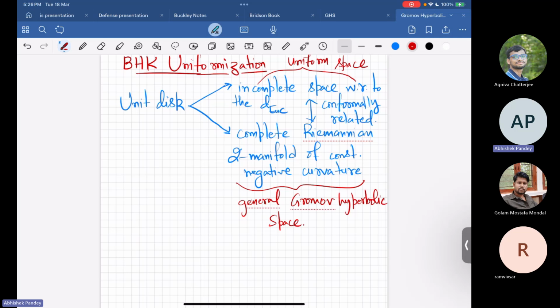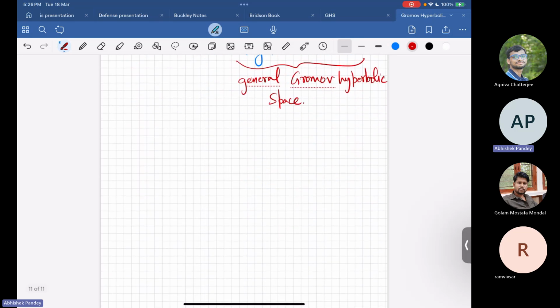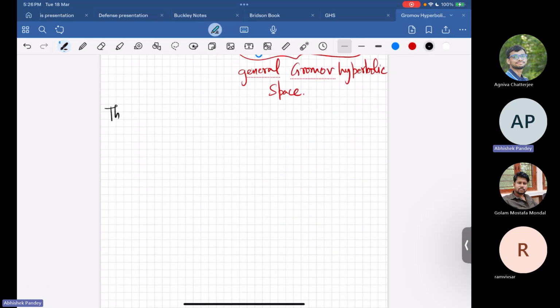BHK showed that there is a one-to-one conformal correspondence between the quasi-isometry class of proper geodesic, roughly star-like Gromov hyperbolic spaces and the quasi-similarity class of bounded locally compact uniform spaces. This was their main theorem. I will just mention the uniformization procedure, because the proof requires a lot of technical stuff.